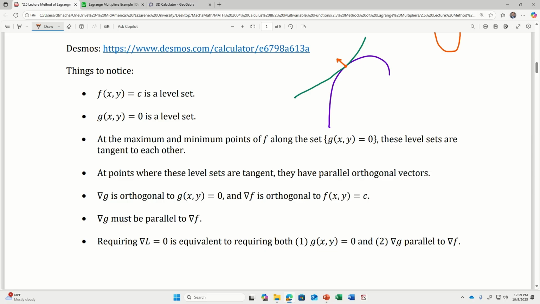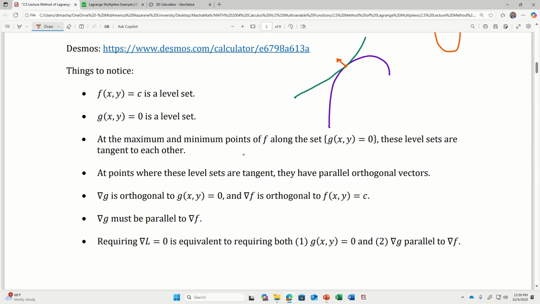We learned last week that the gradient of g is orthogonal to all of the level sets of g, and the gradient of f is orthogonal to all of the level sets of f.